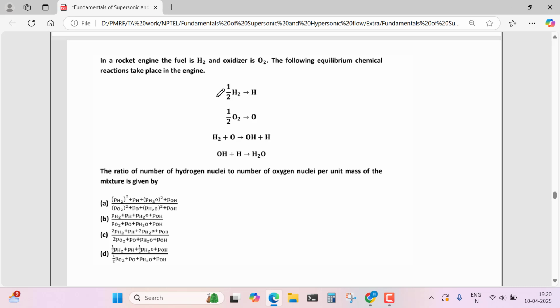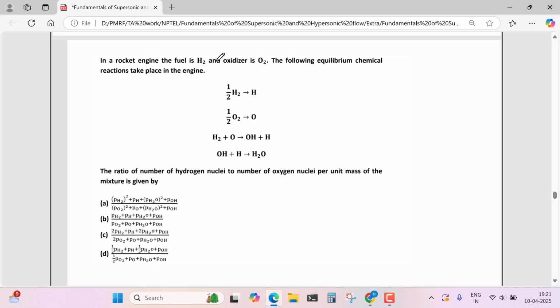The ratio of number of hydrogen nuclei to the number of oxygen nuclei per unit mass of the mixture is given by: option A, (pH2)² plus pH plus (pH2O)² plus pOH upon (pO2)² plus pO plus (pH2O)² plus pOH. Option B, pH2O plus pH plus pH2O plus pOH upon pO2 plus pO plus pH2O plus pOH.